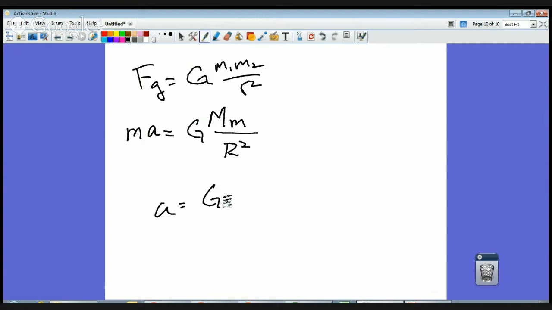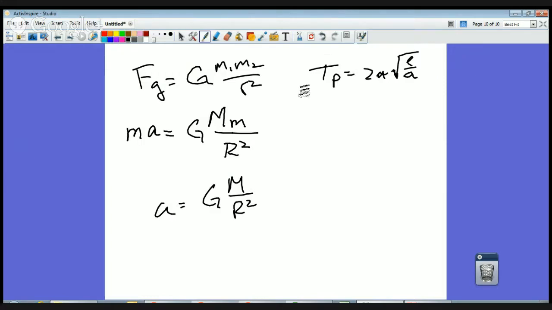So that's going to be big G, big M over big R squared. That's your acceleration. And you know the period is 2 pi square root of L over G. So if the acceleration due to gravity changes, then you're going to change the period. So you need to figure out how it changes.